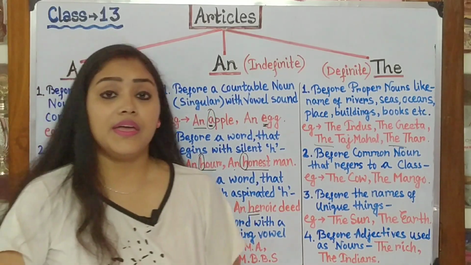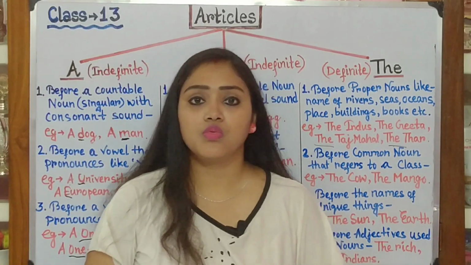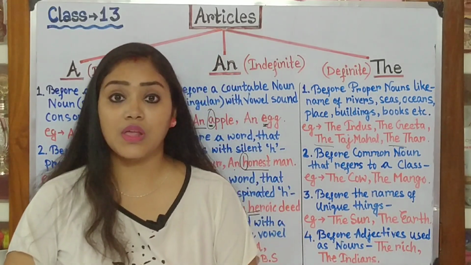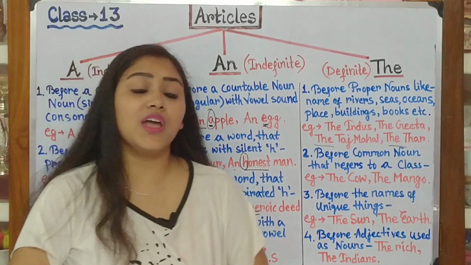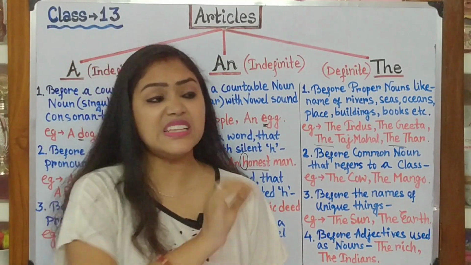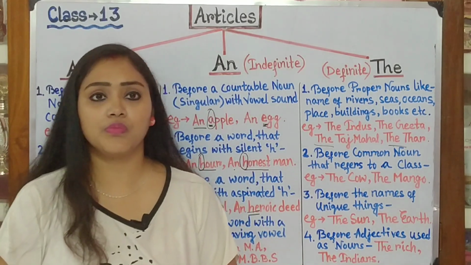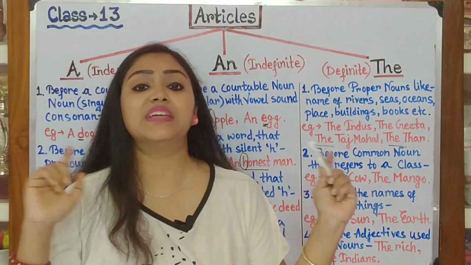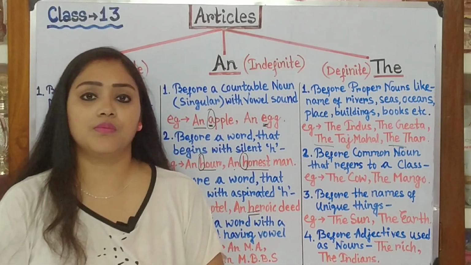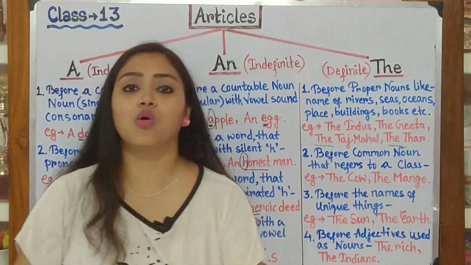Next, number 2, you can see before a common noun that refers to a class. Now, if I say cow, you will say a cow. But when I am talking about the whole class of the cow, each and every type of the cow, so it will be indicated as a class, isn't it? So then we'll use the cow.